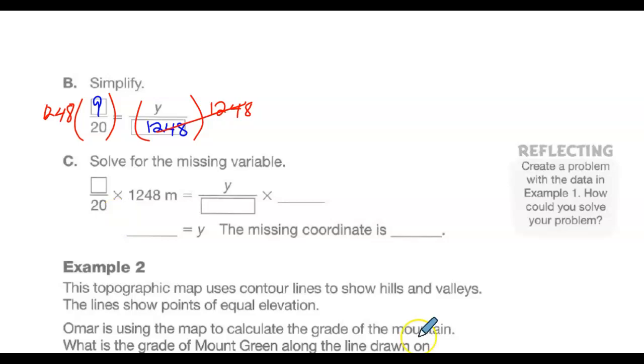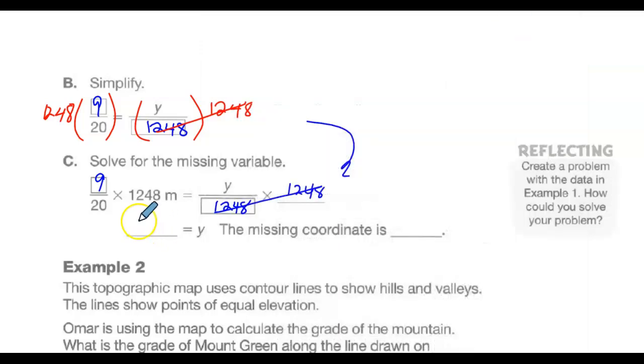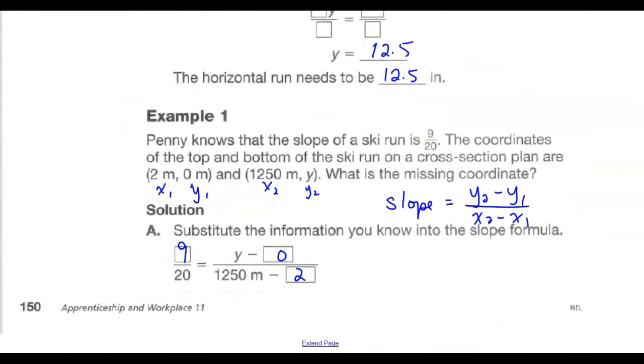So I guess it's done here for us. So it's kind of repeated that. So those divide out. And then in our calculator, go 9 divided by 20 times 1,248, which is 561.6. I think that was meters, if I remember correctly. Yep.